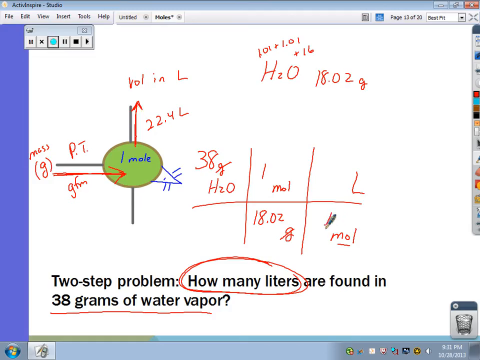So 1 mole goes here, because that's how many moles are in the mole hole. What do you pass by? 22.4 liters. And so there's your directions. So 38 divided by 18.02 times 22.4 gives you 47.24 liters of H2O.